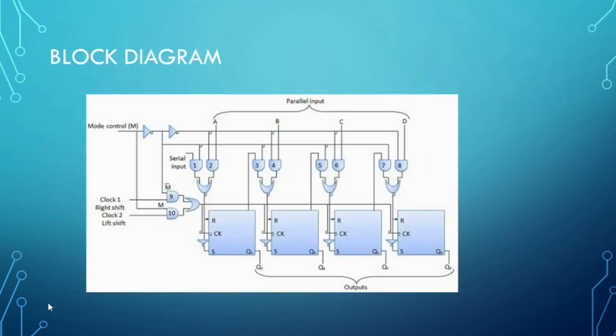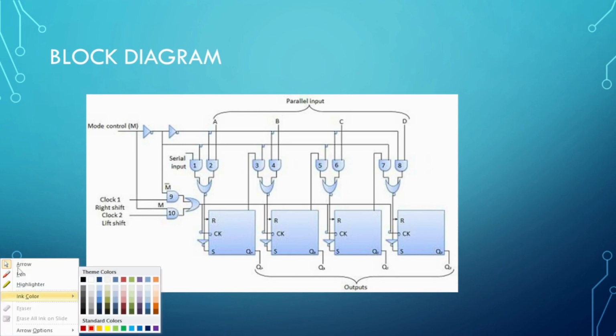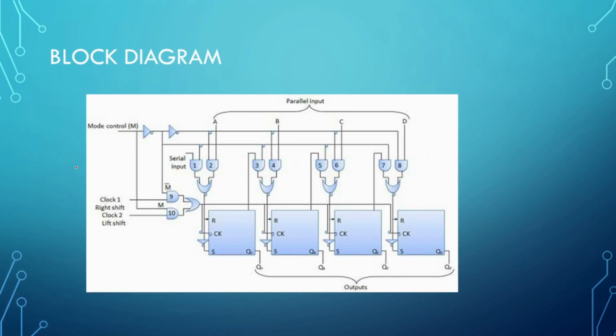This is the block diagram of the universal shift register. See here, this is the mode control and serial input of AND gates 1, 2, 3, 4, 5, 6, 7, 8. These are all connected as parallel input and clock. Here we are connecting two clocks: clock 1 is used for the right shift and clock 2 is used for the left shift.